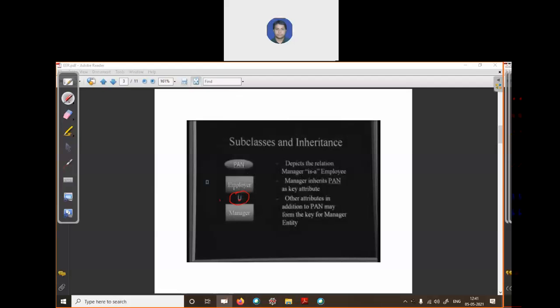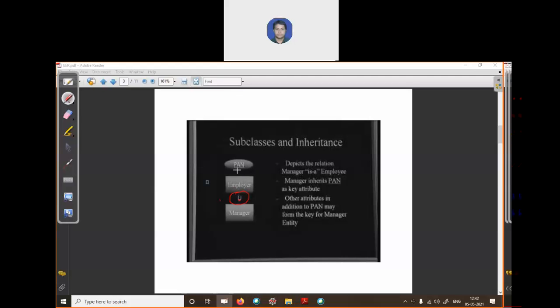The second thing, the employee superclass has one attribute, PAN number, and PAN number is a key attribute. We represent a key attribute by an underline. When we write an attribute and draw an underline under it, it shows the key attribute. PAN is a key attribute of this employee relationship.